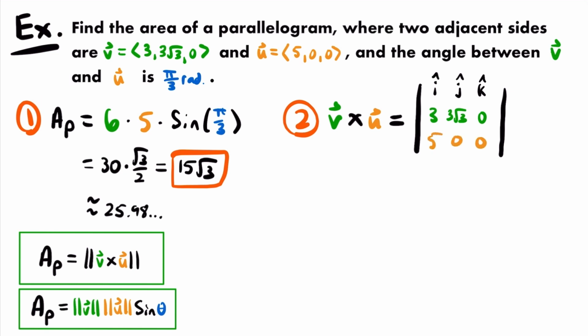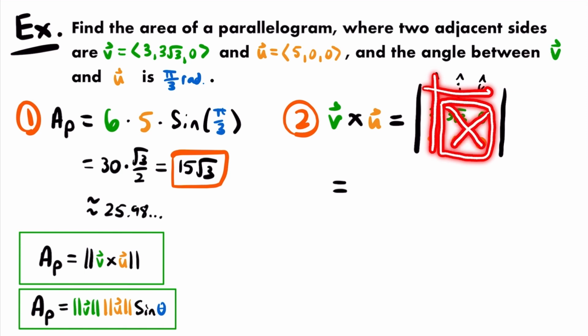Okay? Now to calculate the cross product, what we want to do is look at our first row. In particular, we're going to start with vector i, and we want to cross out the row and the column that vector i is located in, and then use the remaining 4 values to calculate a 2x2 determinant. We're going to be multiplying 3 square roots of 3 by 0, and then subtracting 0 times 0.